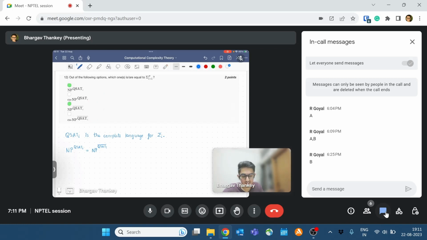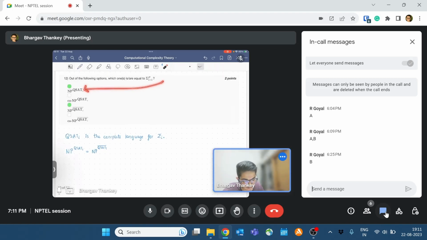In fact, this result is known. This is just an alternative characterization of sigma i P. What is known is that these two are exactly the same. I think this should have been proved in class this time, or if it wasn't, it would be proved next time. It was covered in class, but it was not that clear.